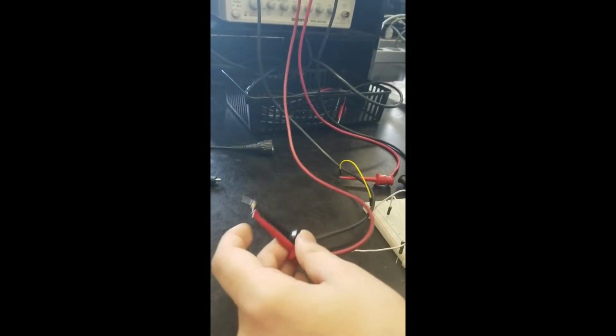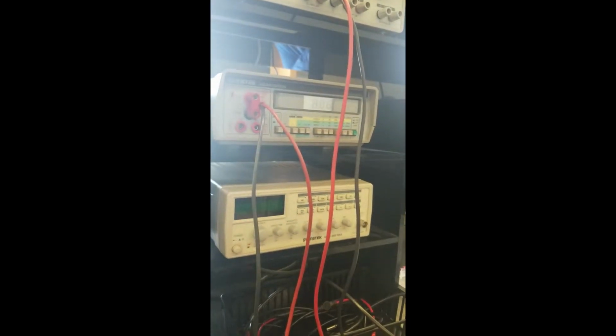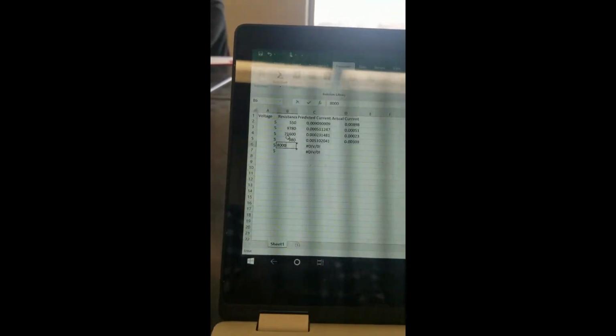So in our first trial, what we used was a constant voltage source of 5 volts, and we used different resistors in separate trials where we hooked up the 5 volts to each resistor and measured each current.